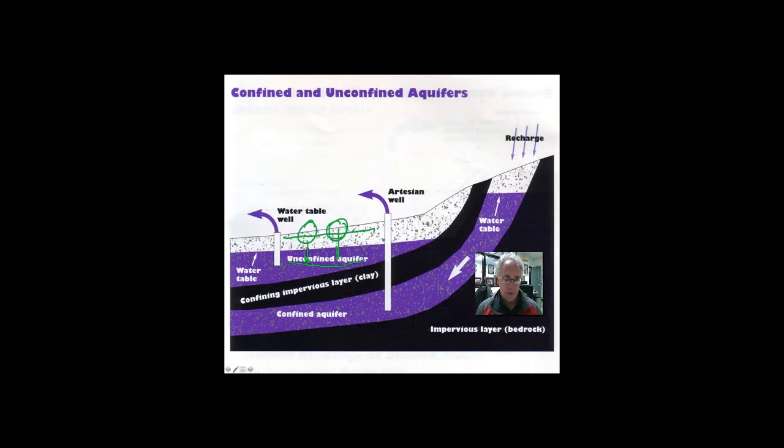And there's another kind of well called a confined well. In these confined aquifers, you usually have some kind of sealant over top of it. It seals it off, and this tends to be clay. Now, it says impervious here. We do know that, of course, it drains, but it drains very, very slowly. So it's relatively impervious for the most part.